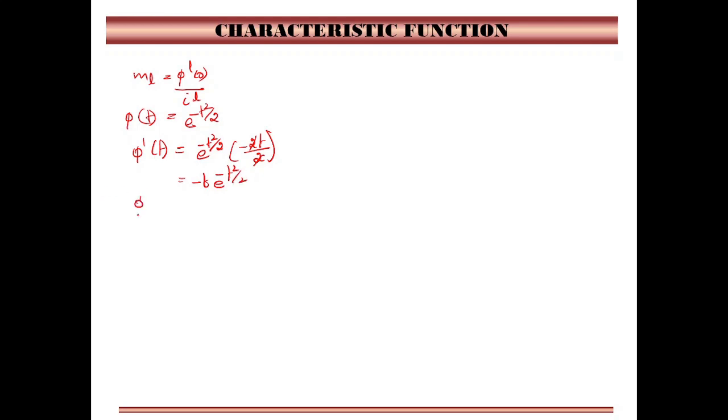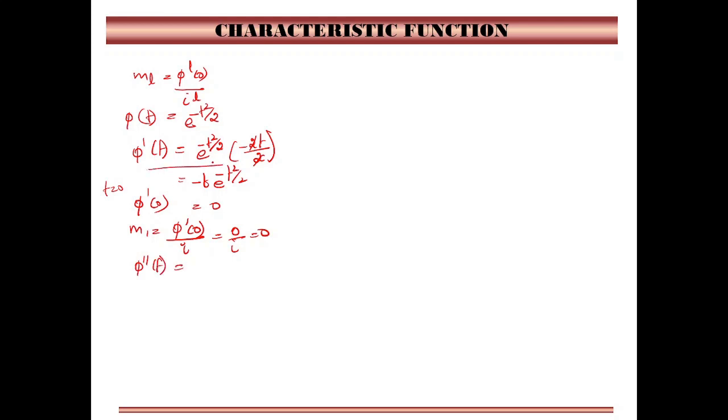Substitute t is equal to 0. Therefore, phi dash of 0 is equal to 0, and m1 is equal to phi dash of 0 by i, which is equal to 0 by i, which is 0.